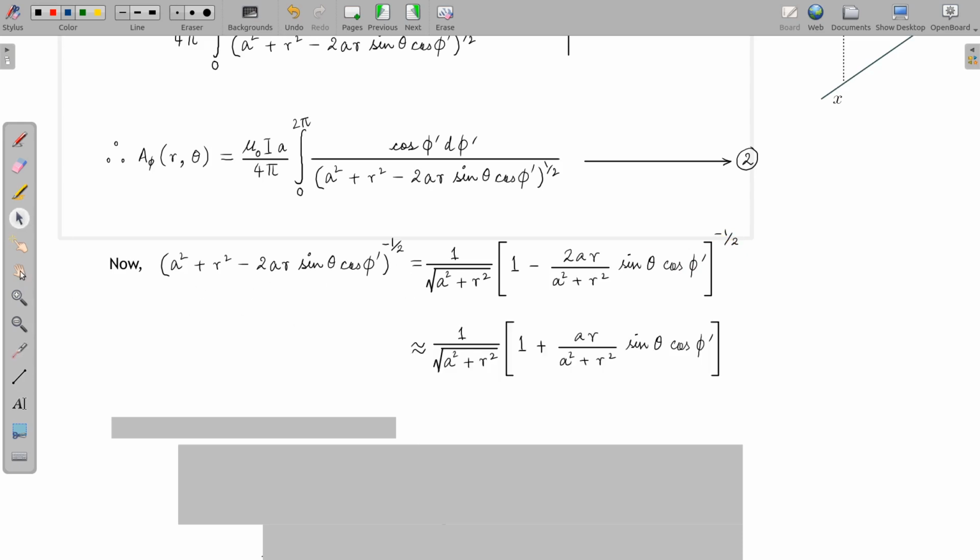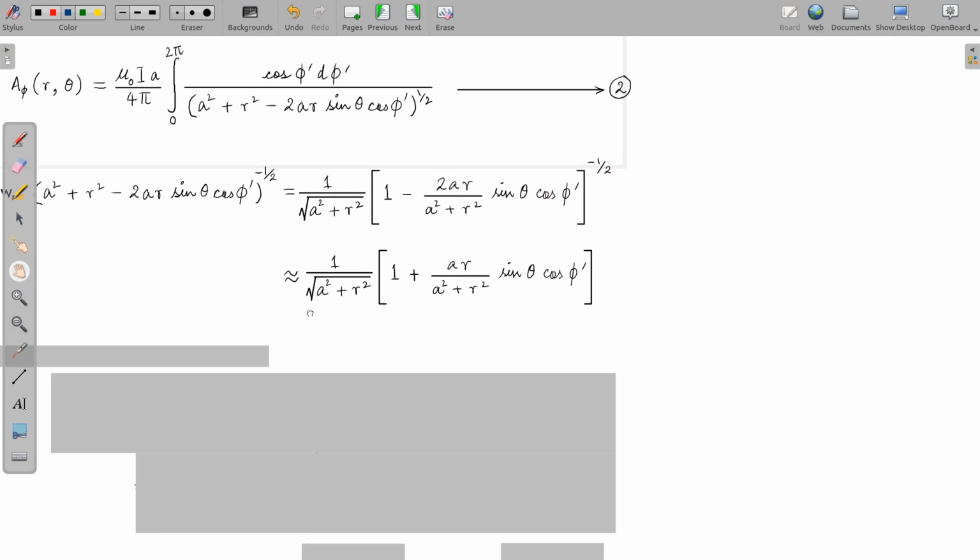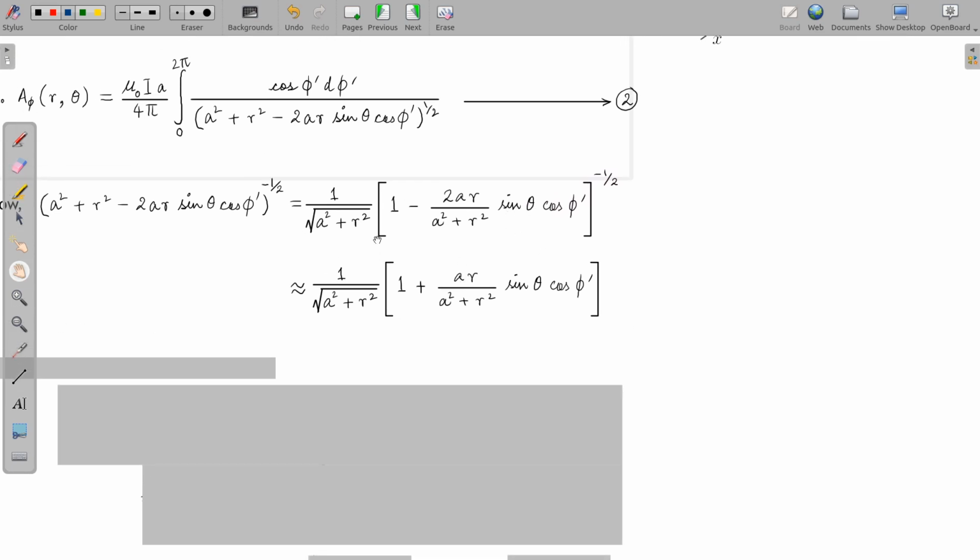So we can use a binomial approximation here. If you look at the scales of all these quantities, the quantity in the second term is going to turn out to be less than 1. You can verify for yourself. So we can apply the binomial approximation here.